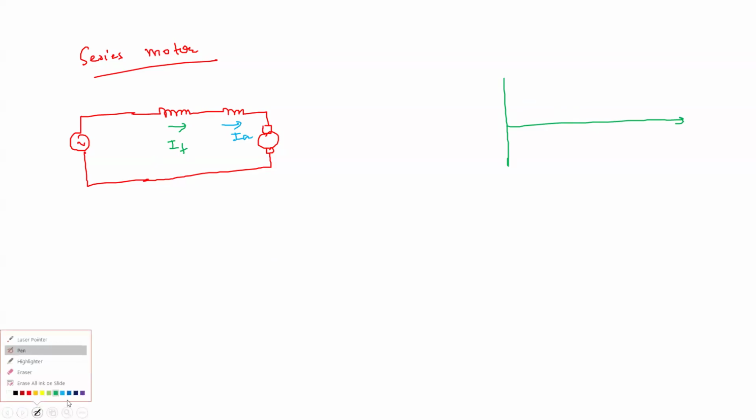So let me draw then. This is IA and this is IF. You can see that IF and IA are the same. Let us say this is IA, so IF is also the same, and on top of it is IF.